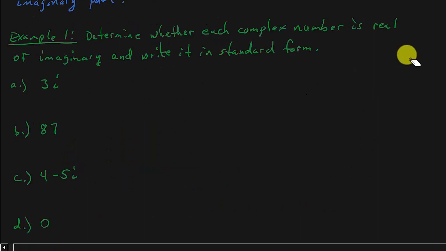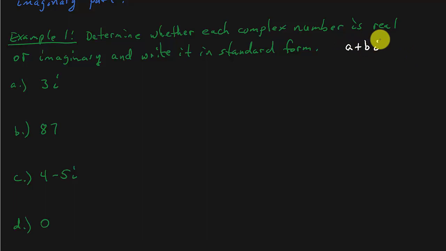All right, let's look at example 1. It says, determine whether each complex number is real or imaginary and write it in standard form. So let's just write the standard form for a complex number down. It's a plus bi. They want us to determine whether it's imaginary or real, and then write it in standard form. How do we know if it's real or imaginary?